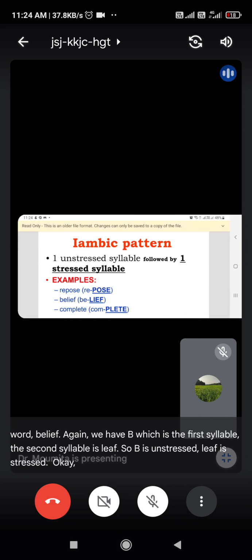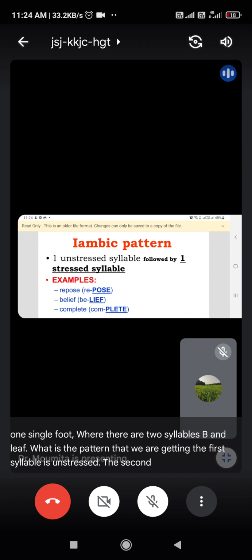So if we consider belief to be part of one single foot, where there are two syllables, be and lief, what is the pattern that we are getting? The first syllable is unstressed, the second syllable is stressed.